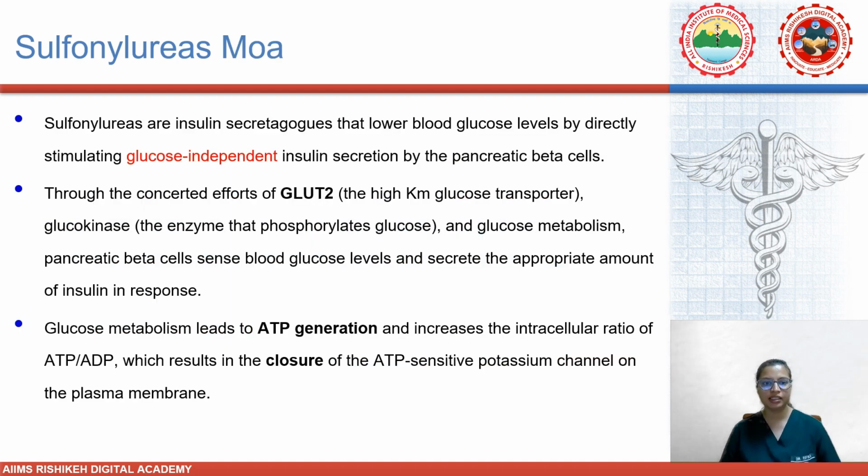Sulfonylureas are insulin secretagogues that lower blood glucose levels by directly stimulating glucose-independent insulin secretion by the pancreatic beta cells. Through the concerted efforts of the GLUT2 receptor, glucokinase enzyme and glucose metabolism, the pancreatic beta cells sense the blood glucose levels and secrete the appropriate amount of insulin in response. This glucose metabolism leads to ATP generation and increases the intracellular ratio of ATP to ADP, which results in the closure of ATP sensitive potassium channels on the plasma membrane.